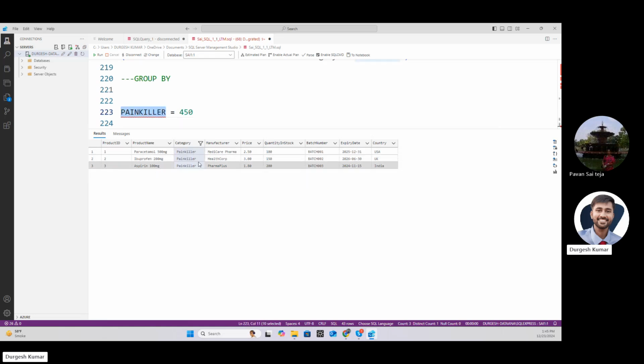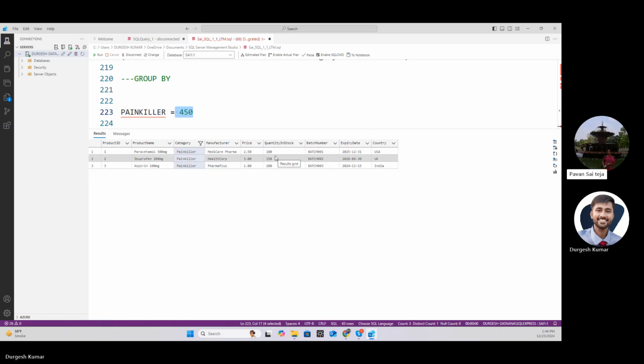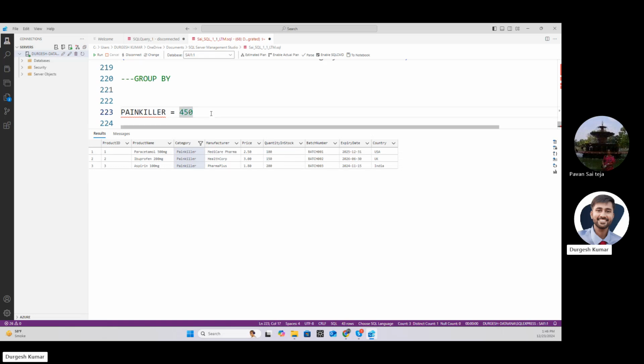We merged all these 3 rows together and did a sum to show in one line, correct? Yeah. So this is something called group by. We are grouping the rows.